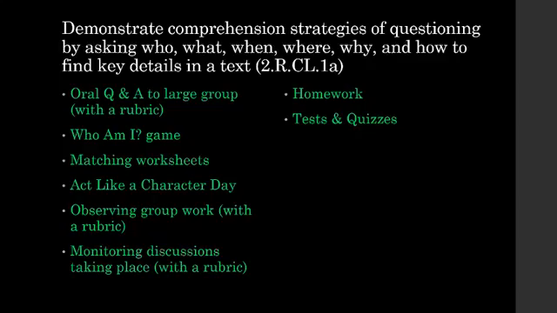And you are observing who's getting the answers right, who's not getting the answers right, or who's not participating at all. Okay, so just tally marks can give you an idea of who's on top of this particular skill that you are assessing and who's not. So one of the things that we talked about in our objectives was getting at questioning, and that's what this objective is focused on.